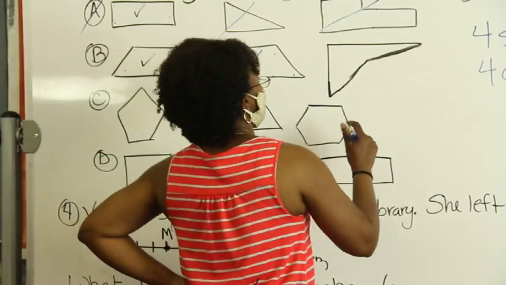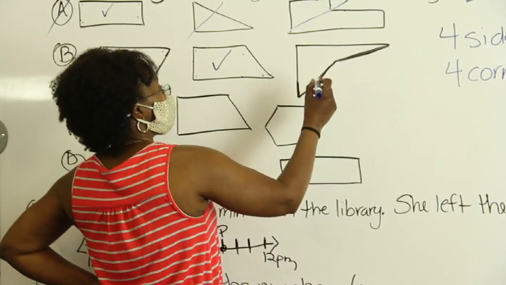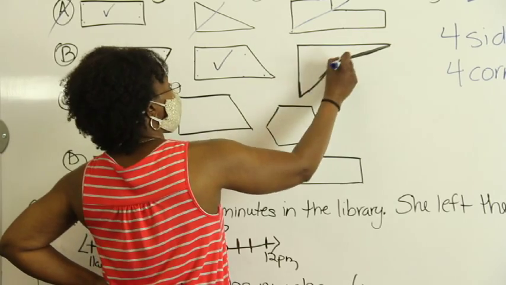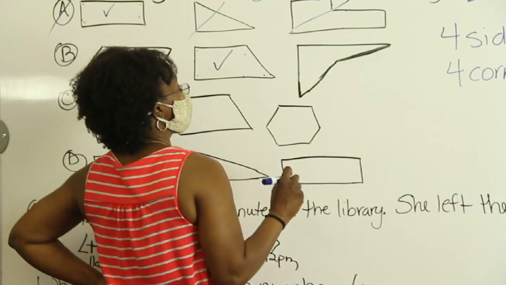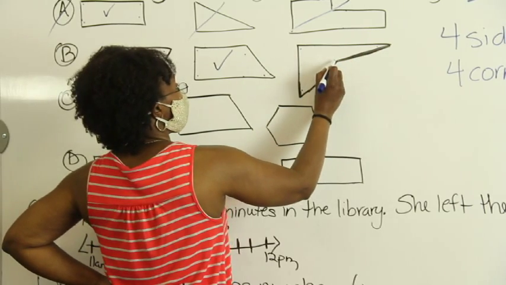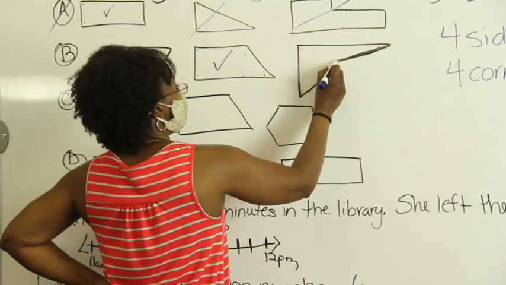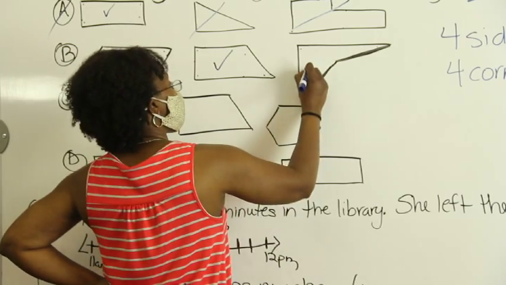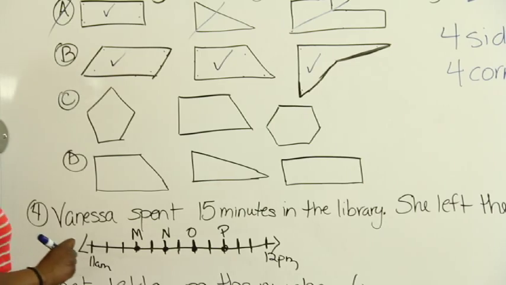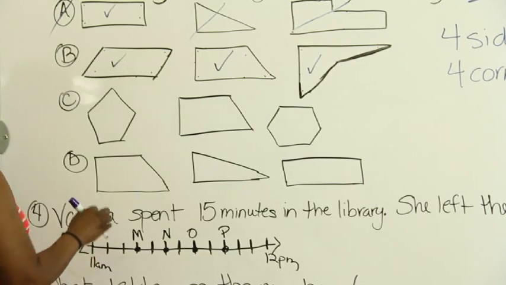Let's move to the next one. How many sides and how many corners? There's 1, 2, 3, 4 sides and 1, 2, 3, and that is actually a corner, 4 corners. So right now, B looks like it's going to be the answer, but let's look at the others.